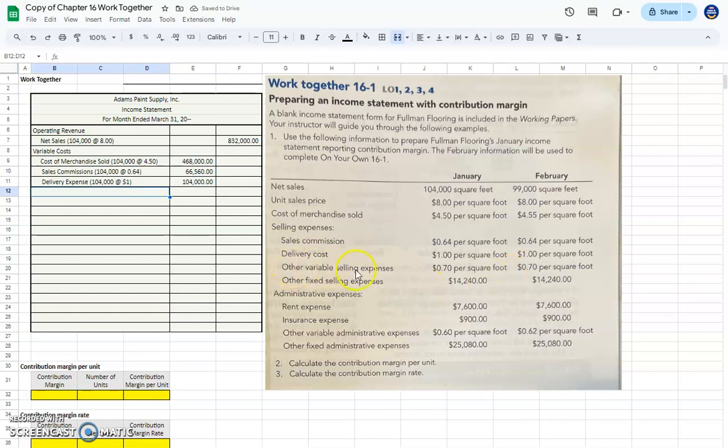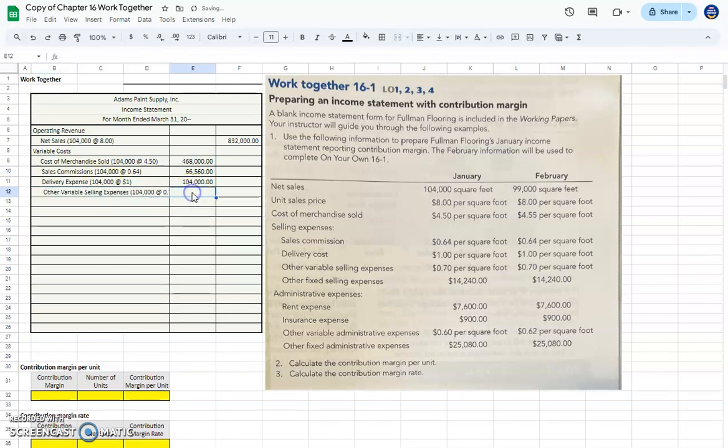All right, then we have other variable selling expenses. We'll do that one next. And 104,000 times 70 cents is $72,800. And it looks like we have variable administrative expenses down here, so we'll put that one on.